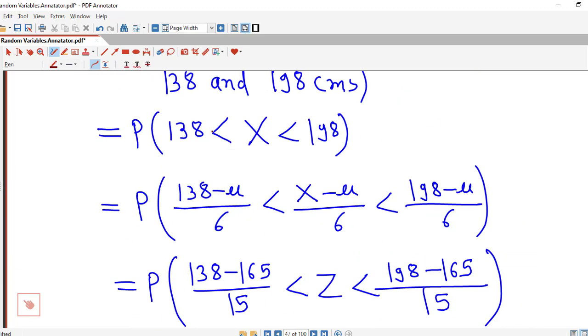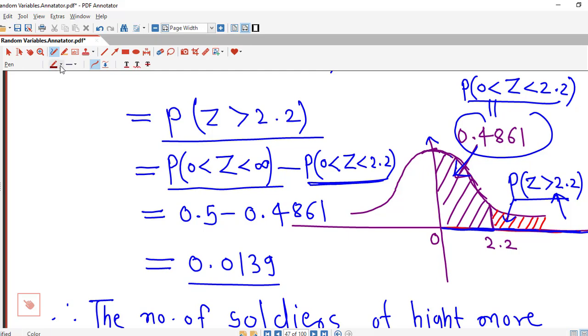So for that I come here again. I am interested in the probability to the left side of 2.2. If I consider this area to the left side of 2.2, this whole area is nothing but the probability that Z is less than or equal to 2.2. This area is the addition of two areas: the area up to 0 plus the area between 0 and 2.2.